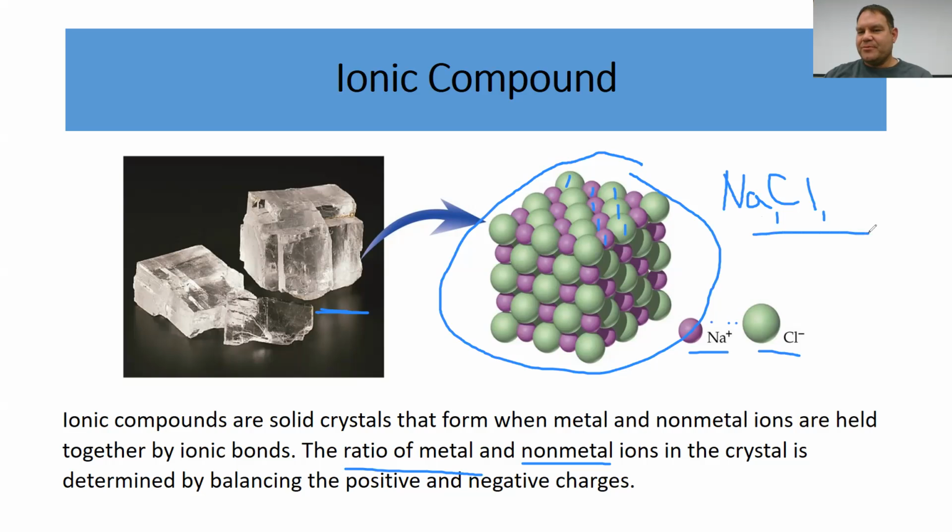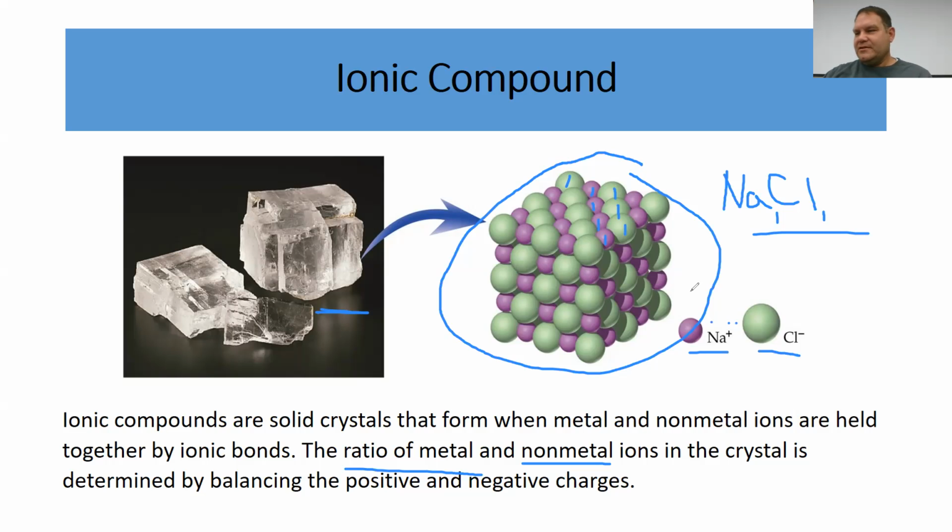So the ratio is important in letting us understand that we keep that ratio to balance out the charges. But that does not tell us that we really have only 1 chlorine and 1 sodium in the compound. We can have hundreds and hundreds of thousands of these ions, but the ratio between those ions must stay the same. It cannot be altered. Because if we alter the ratio, we will not be able to balance out the charges anymore, and the compound will be unstable, and that is not good.